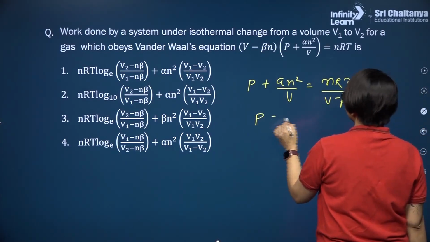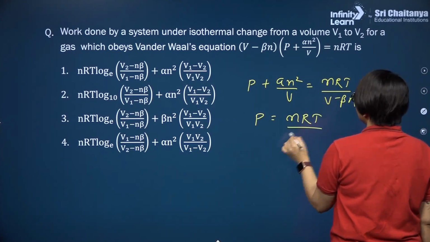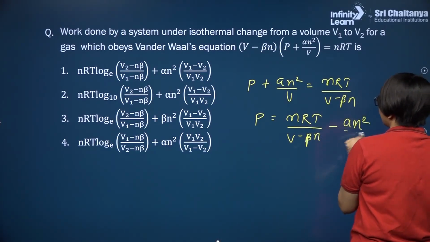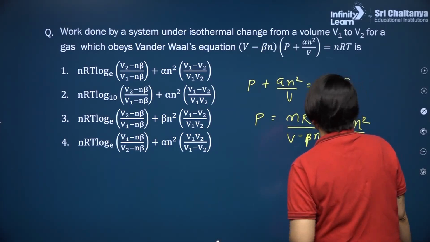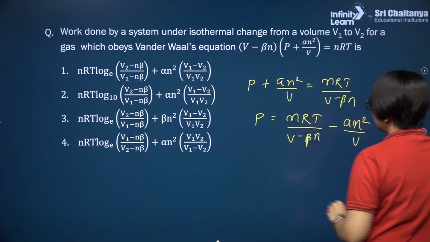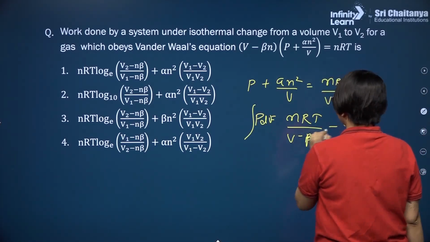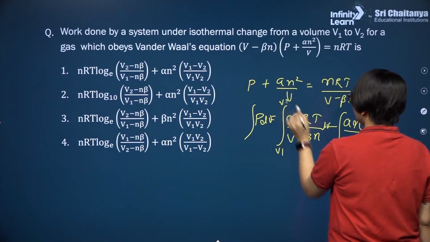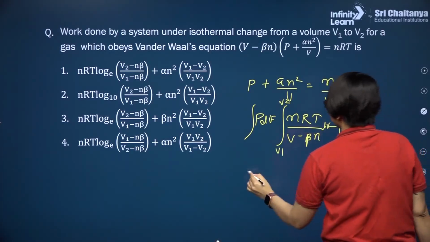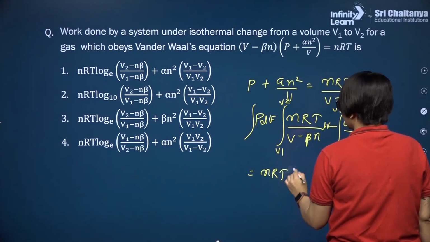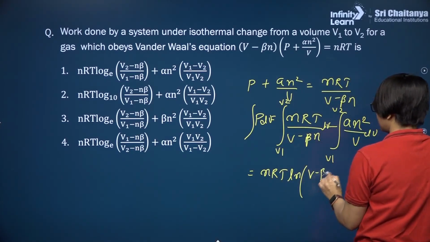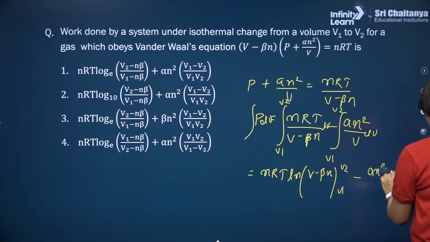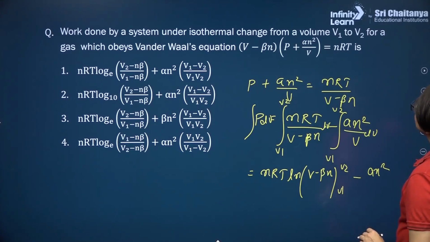So, P is equal to nRT upon V minus beta n minus A n square upon V square. So, integration of P dV will give you work done, right, from V1 to V2. So, it is nRT ln V minus beta n from V1 to V2 minus A n square upon V square.